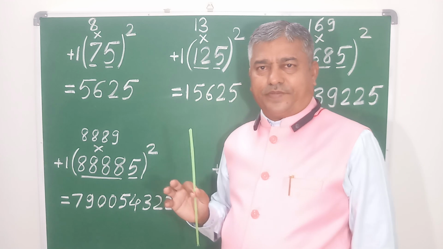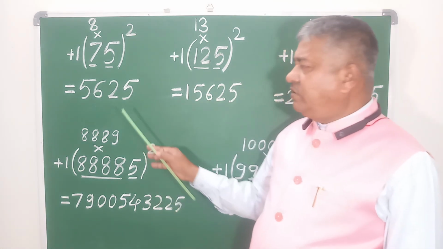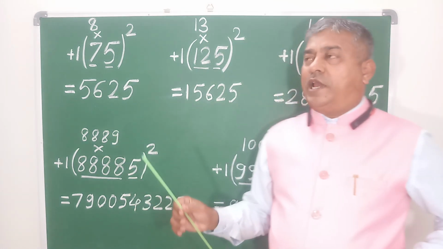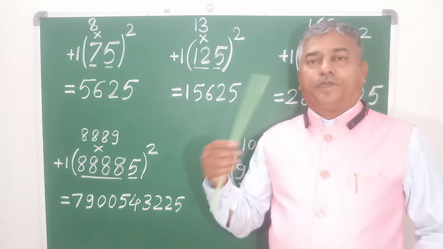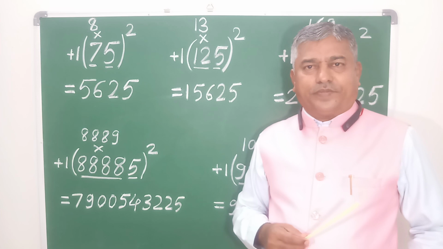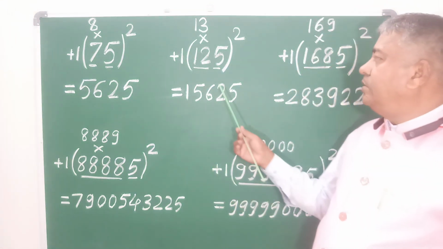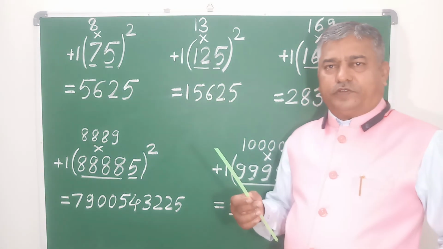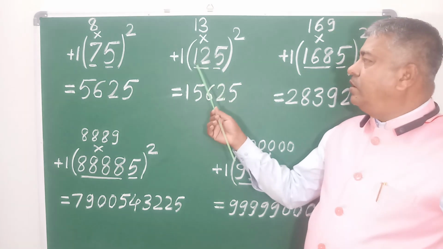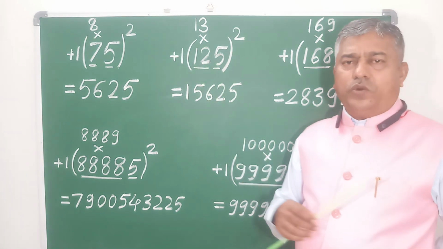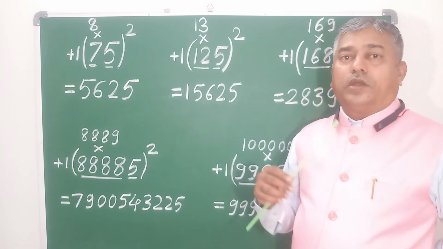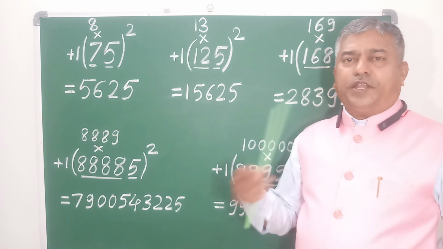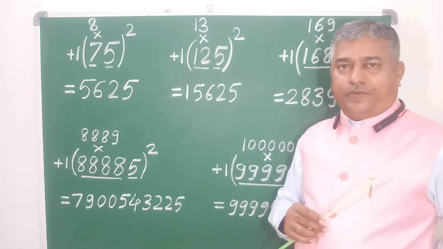This is the answer. In the same way, I have taken another example here, which is a somewhat bigger number. Now it is in 3 digits: 125 squared. We are finding the square of 125.